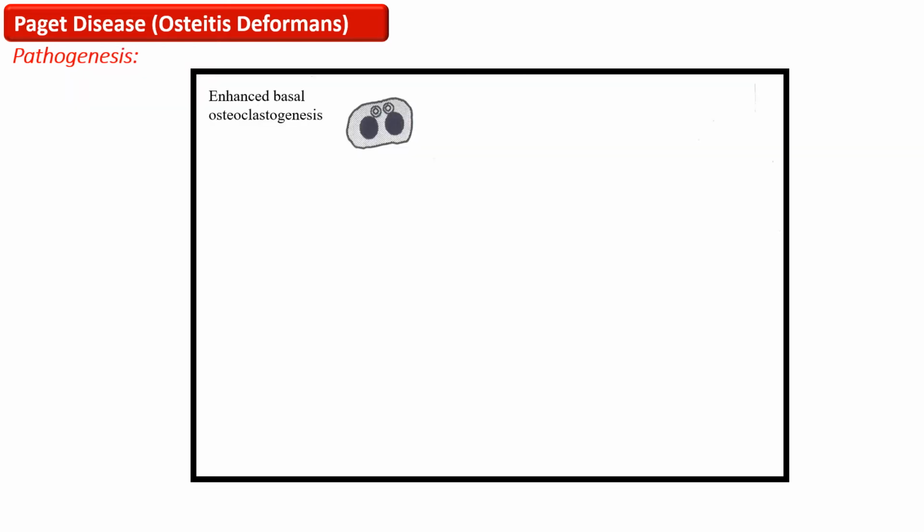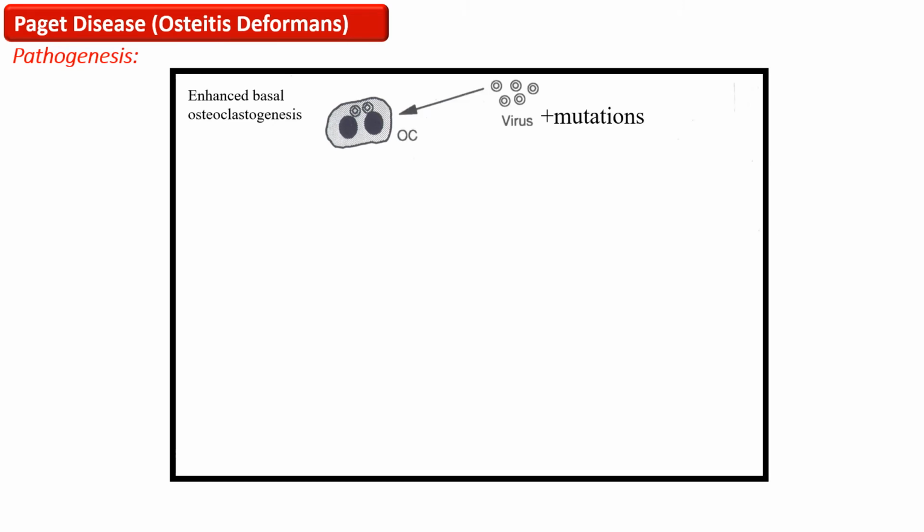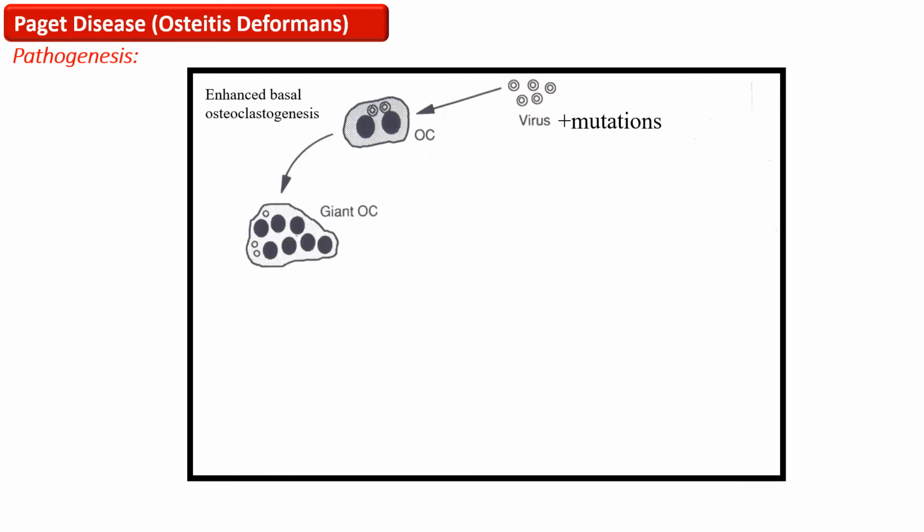Now, the pathogenesis of Paget's disease. As you know, Paget's disease is due to defective osteoclasts, and two important etiological factors are genetic disturbances and viral inclusion within these osteoclasts. So when an osteoclast has a mutation or has incorporated a virus in its genome, it is transformed into a giant osteoclast.